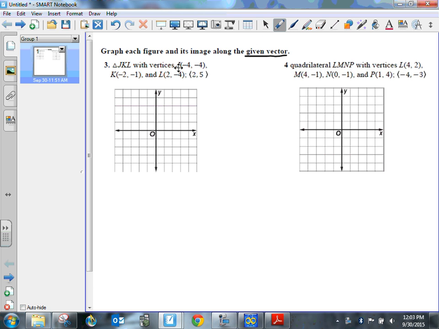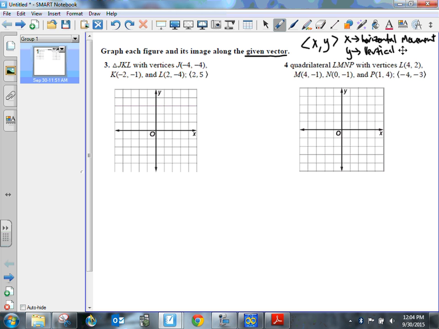When a vector is given in this form, it's an x, y vector, and the x represents the horizontal movement, and the y represents the vertical movement.